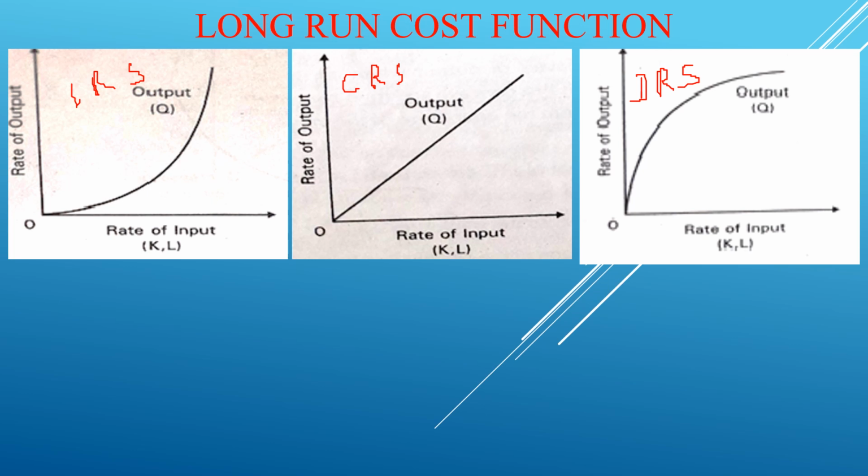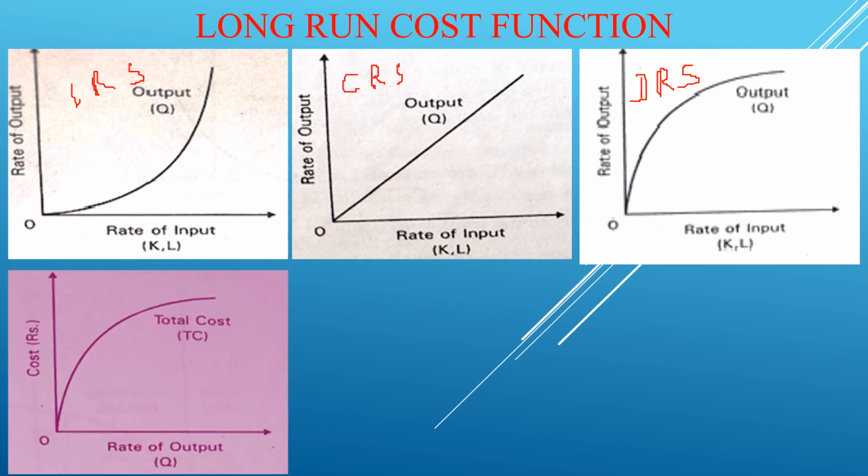It means when you see increasing returns to scale in the long run cost function, you will find that the input cost has increased, but at a decreasing rate. In the production function, it increases at an increasing rate. Here the cost is increasing but at a decreasing rate.